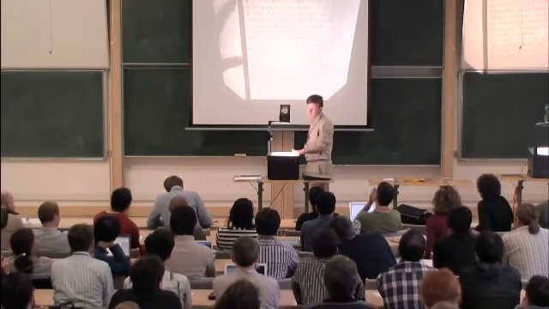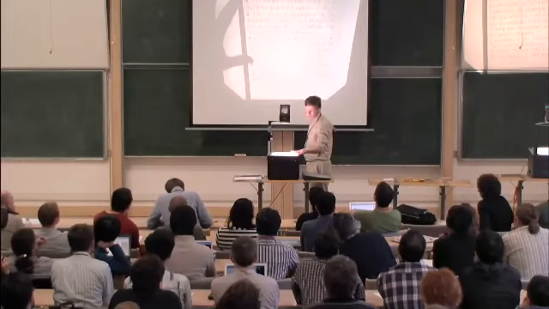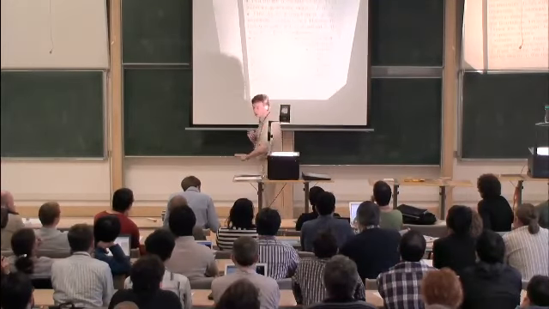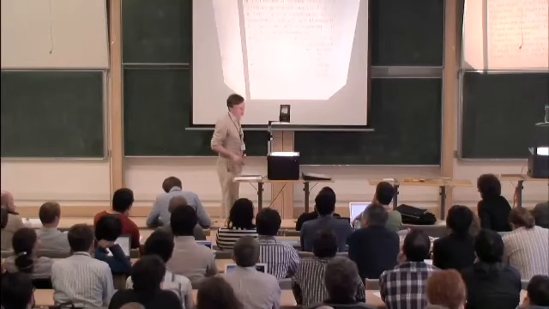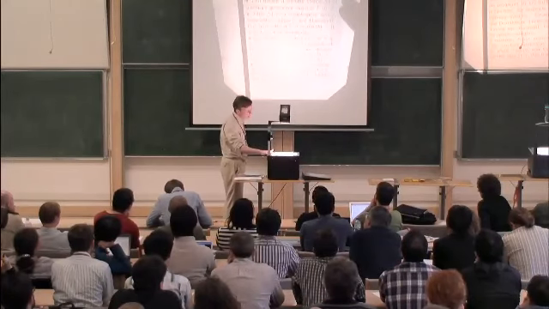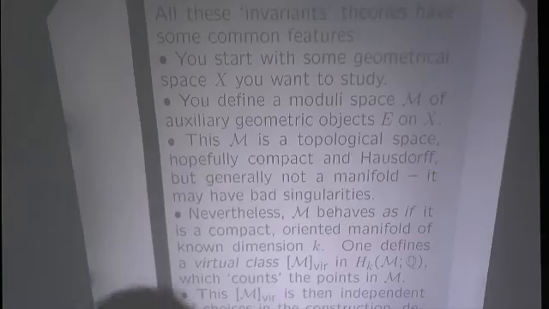So you start with some geometrical space X that you want to study. For example, a compact oriented four-manifold. And then you define a moduli space M of some auxiliary geometric objects. For example, you might choose a Riemannian metric on your four-manifold and then study the moduli spaces of self-dual connections on some vector bundle.